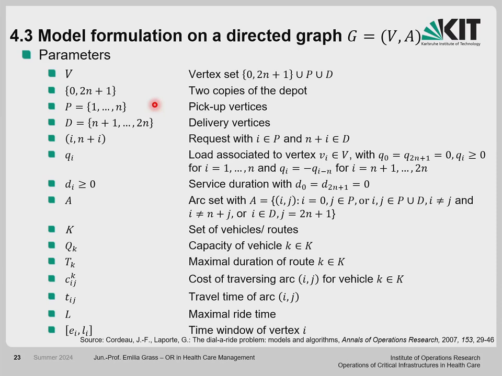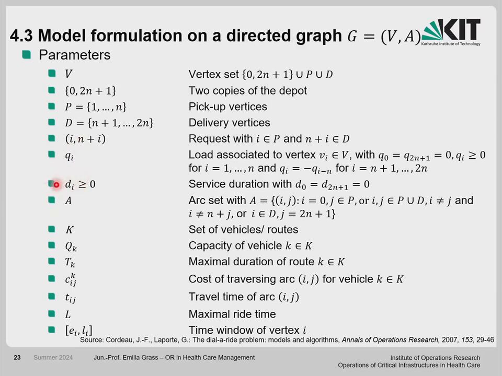Okay. Then you have the load associated to the vertex, which is basically your demand. So at each node, you have demand q, that is the number of patients that you have to pick up. Then you have the service duration.